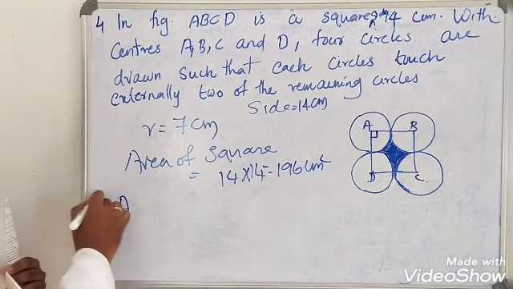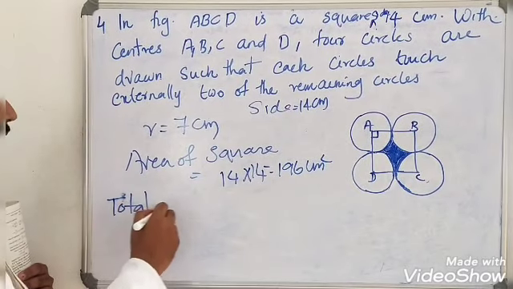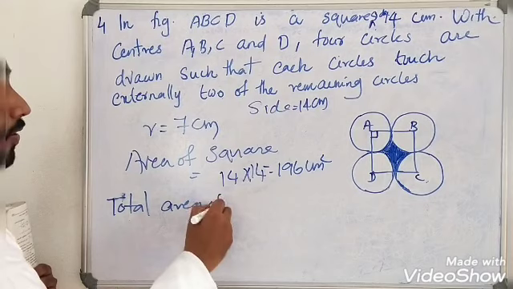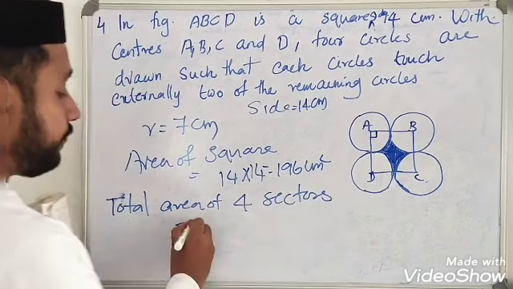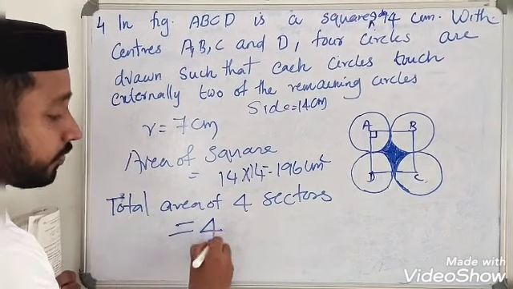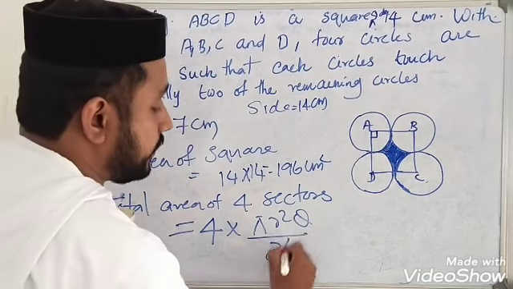So total area of 4 sectors is equal to 4 into pi r square theta by 360.